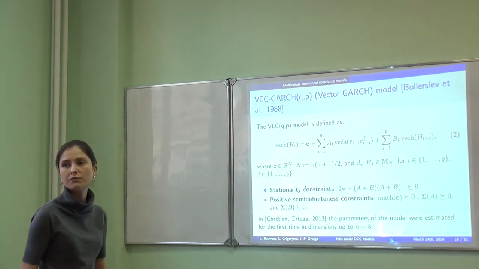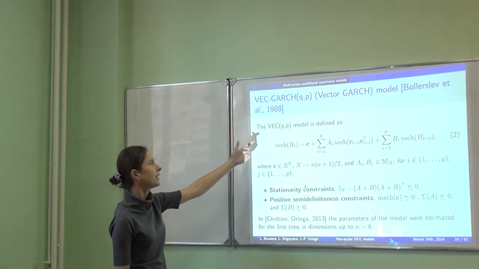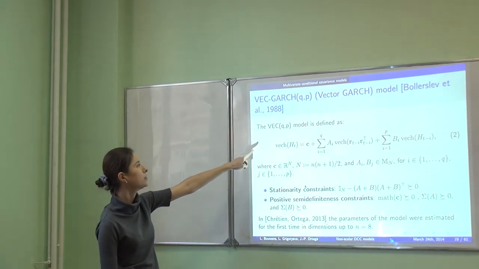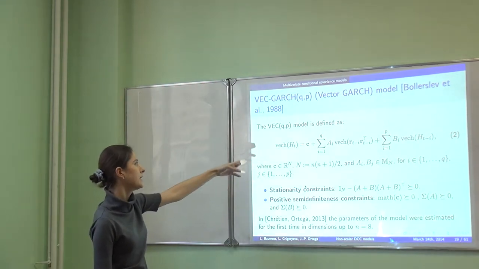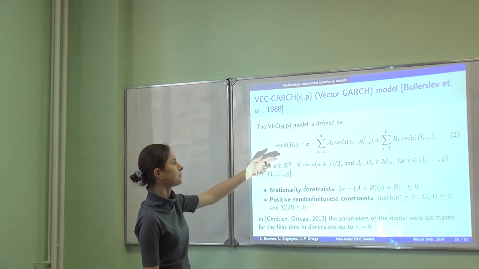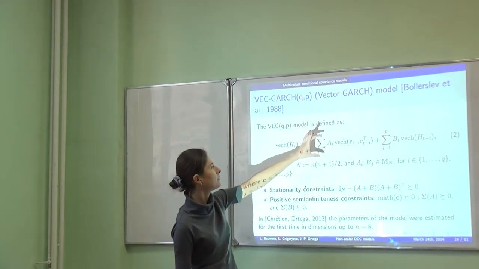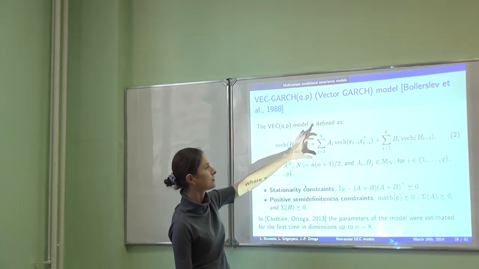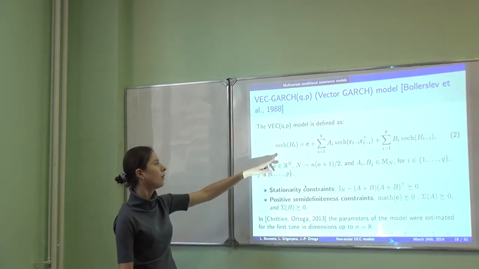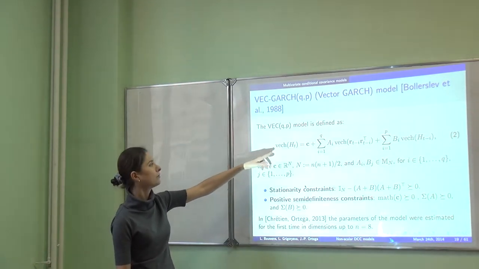So how is it used for VEC-GARCH models? If we have a VEC model of some order, say q and p, we can write our conditional covariance matrix process in the form given in this relation, with a set of parameters A and B, and as I told you, we work only with the VECH of the matrices.